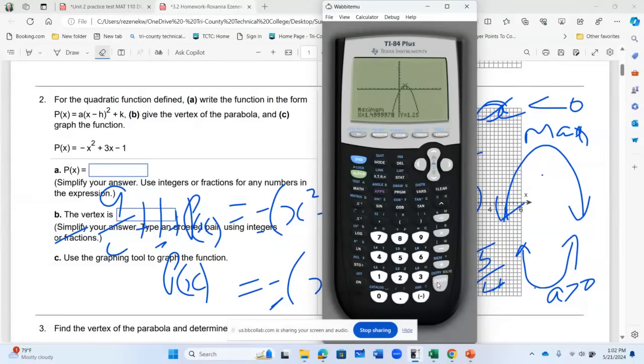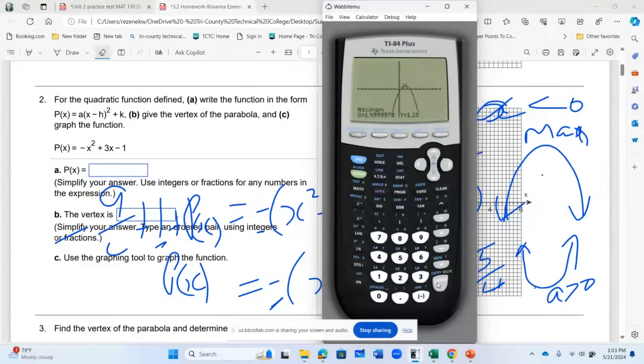All right, so you see that answer is good. You can change your answer to decimal. So it's 1.49, approximately 1.5, and 1.25. The maximum point, in other words, the x and y coordinate at the top there, is that.